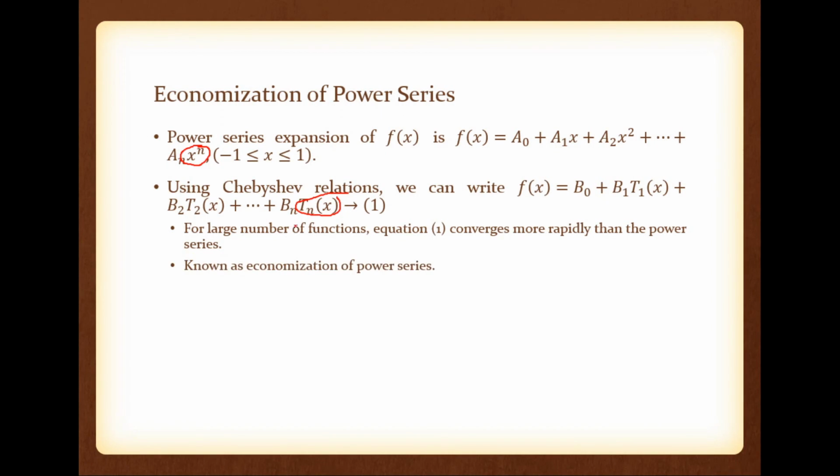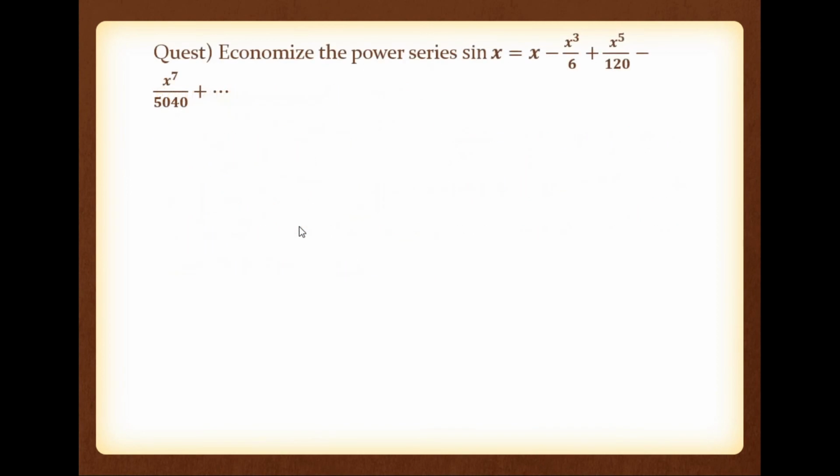So that we can see through an example. So the question is, economize the power series sin x is equal to x minus x cube divided by 6, that is 3 factorial, that is 6, plus x raised to 5 divided by 5 factorial minus x raised to 7 divided by 7 factorial plus etc. Is it okay?